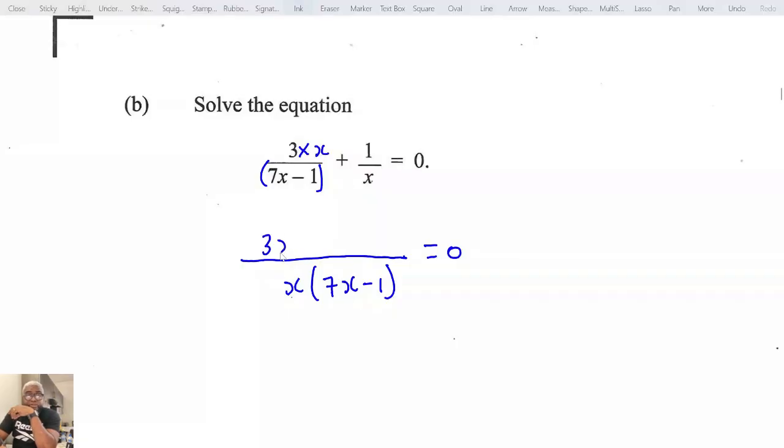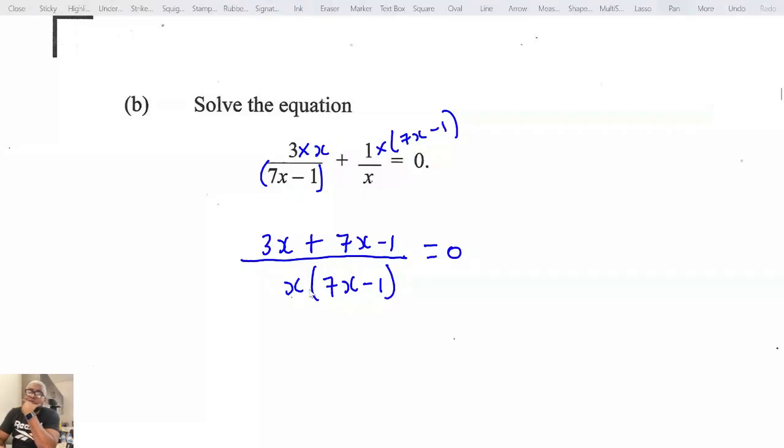So you get 3 multiplied by x, which is 3x, plus x into this entire thing would be 7x minus 1. So you take the denominator and multiply it by 7x minus 1. So 1 by 7x minus 1 is just 7x minus 1. 1 by anything is that term itself.